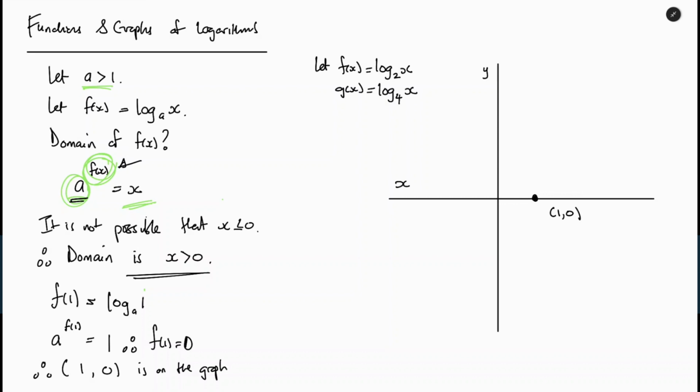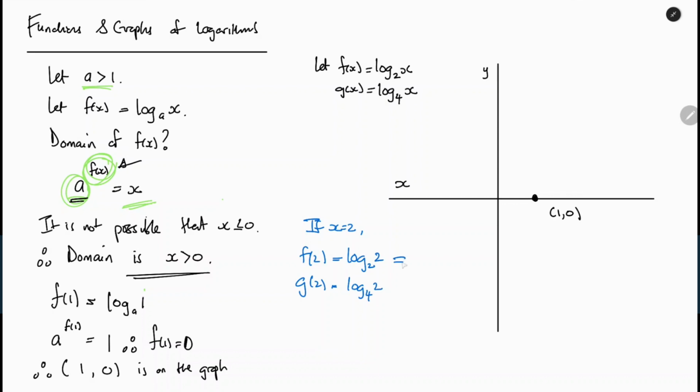Okay, now let's determine some other values of x. Let's determine what happens if x is equal to 2. If x is equal to 2, then f of 2 is equal to log base 2 of 2, and g of 2 is equal to log base 4 of 2.